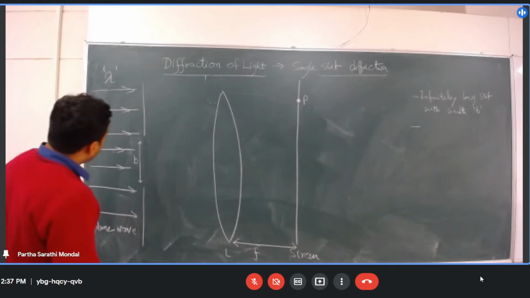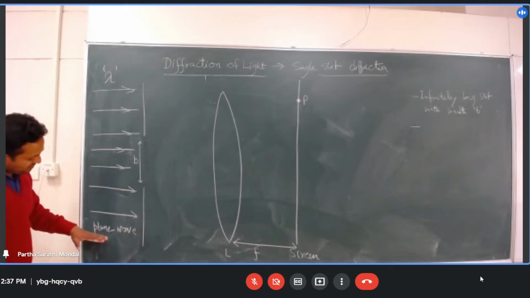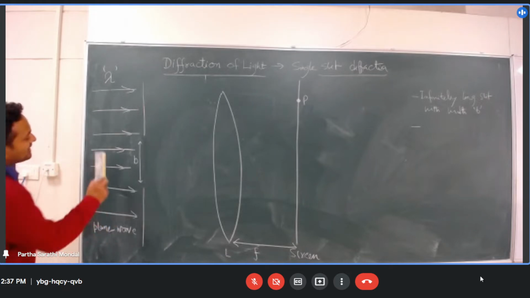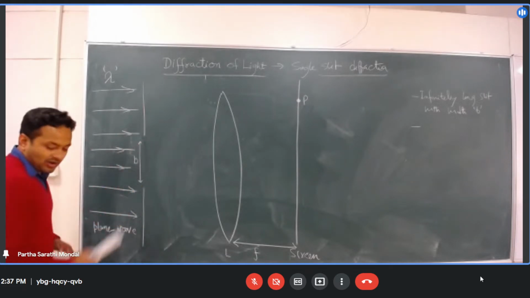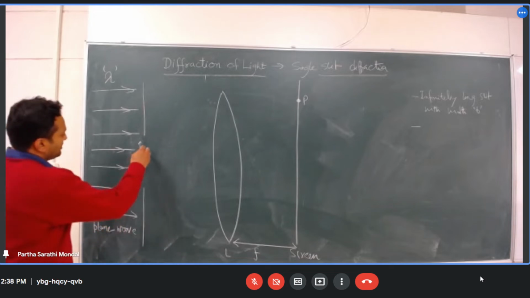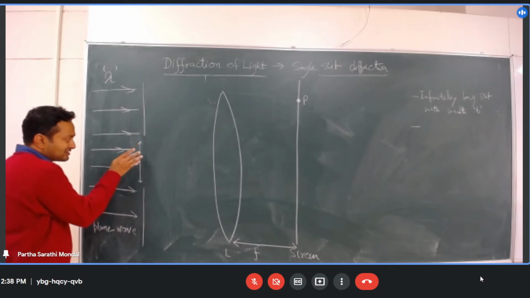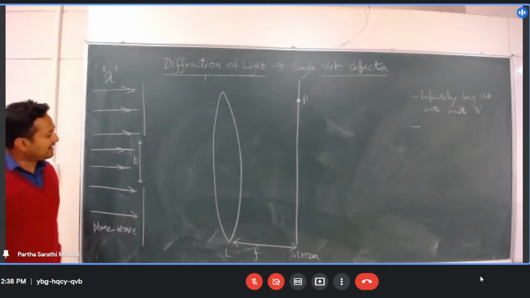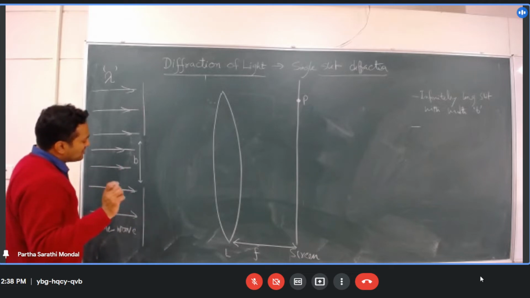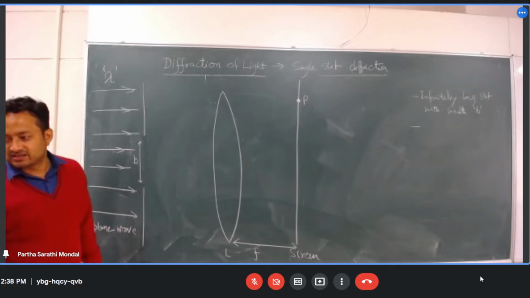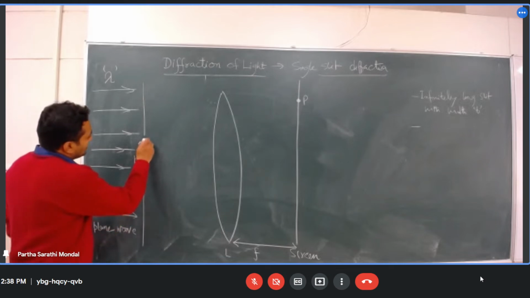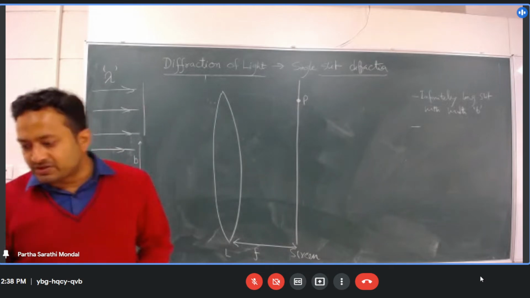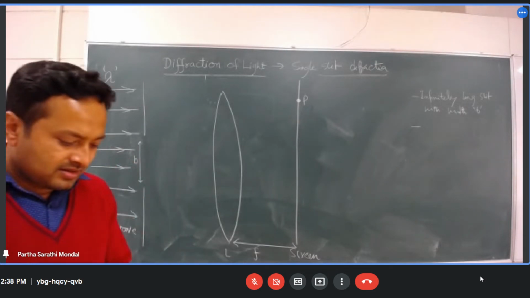So now the first job, this is a plane wave. The plane wavefront is coming like this, and it is somewhere here now. The part of the plane wavefront will be transmitted through the slit and the upper half and lower half will be blocked. So we just consider the instant of time where the plane wavefront is situated just in between the slit.